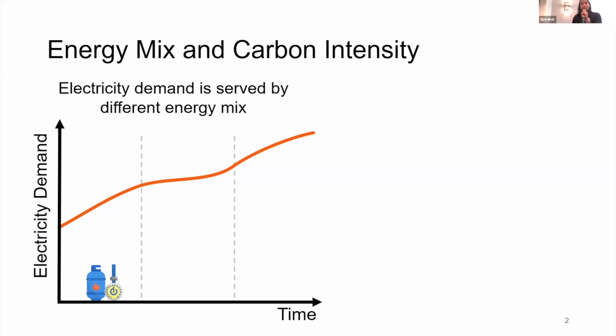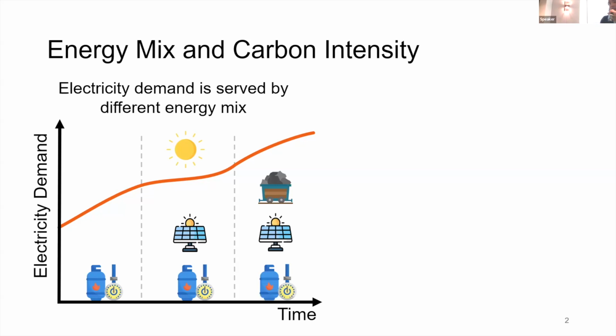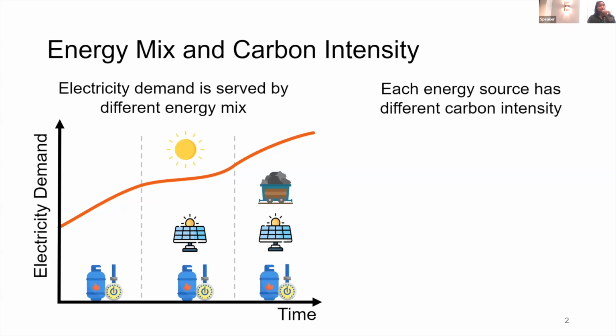In the next time slot, where the demand is still increasing and there is solar availability, the electricity demand is served by gas and solar. In the third time slot, where the demand is still increasing, the demand is now served by gas, solar, and coal.